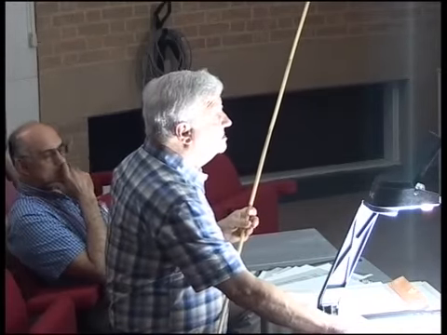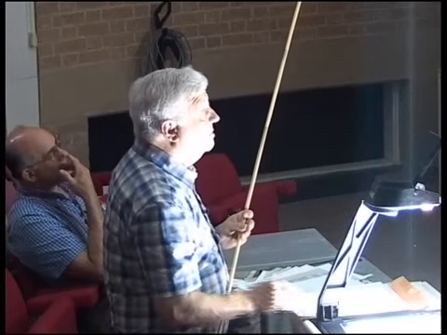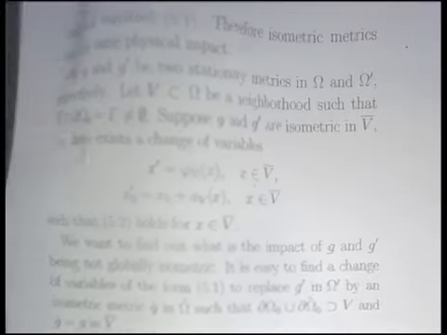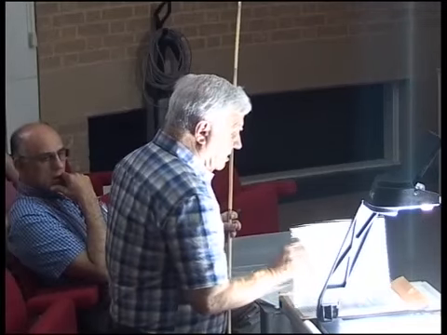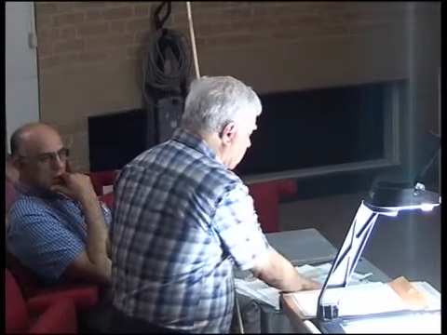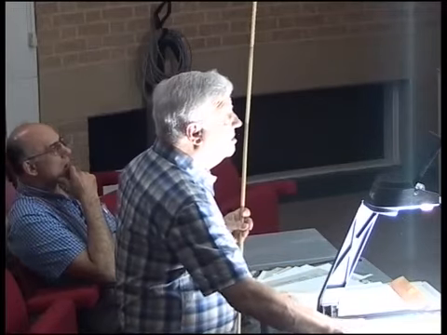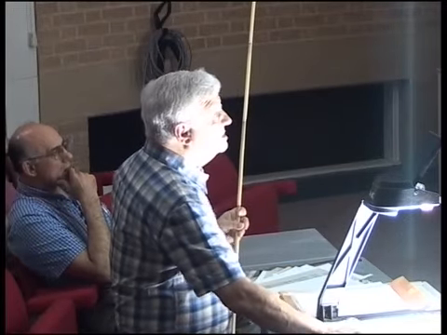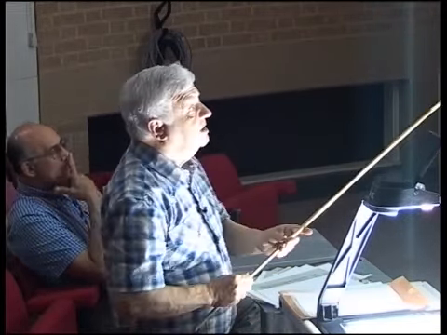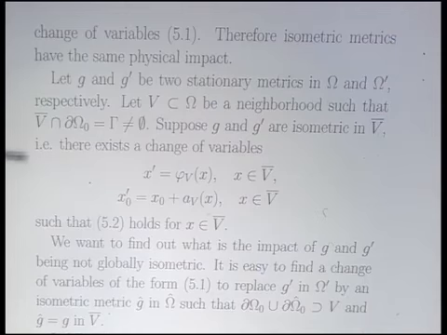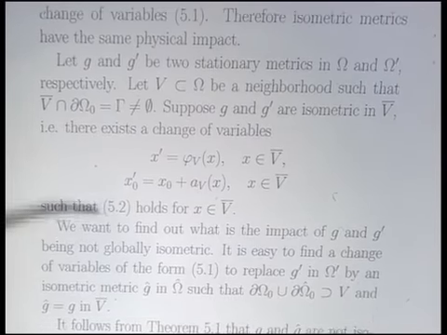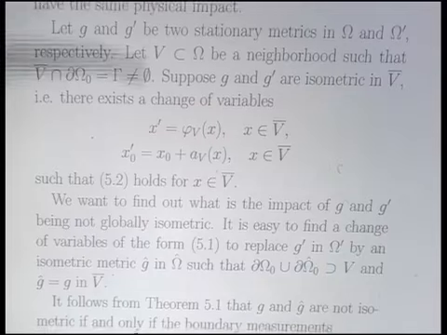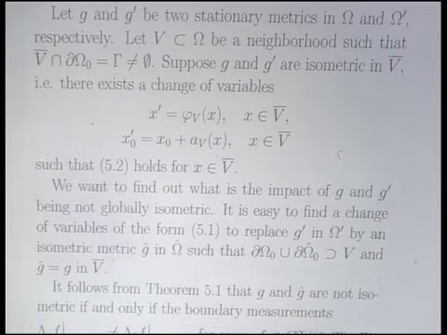The result is the following. If you have two metrics which are, in a neighborhood of some point, isometric, but globally not isometric, they have different physical impact.